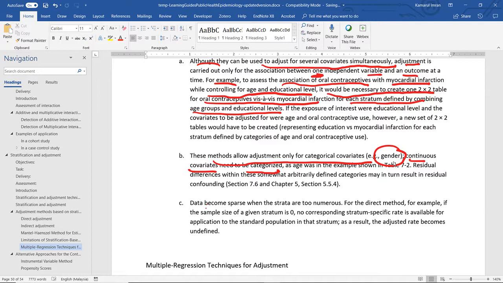And the last one, data becomes sparse, because if you create too many strata, then the cell size will be small for some of the cells. Not many numbers in the cell.